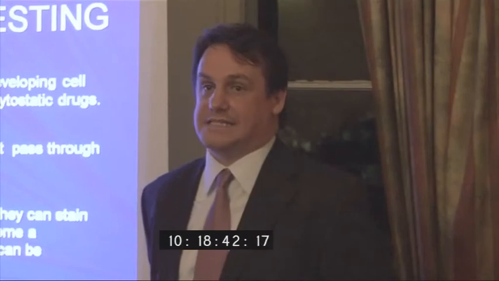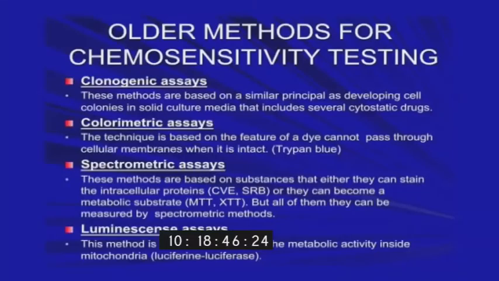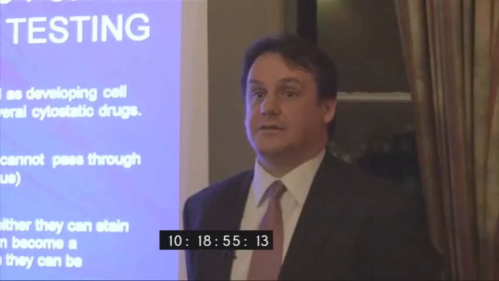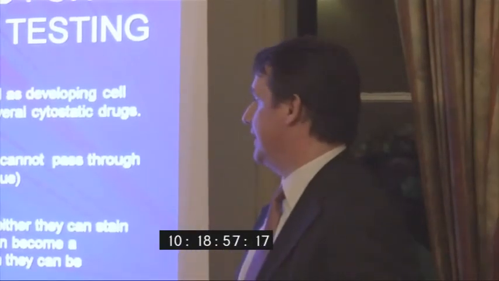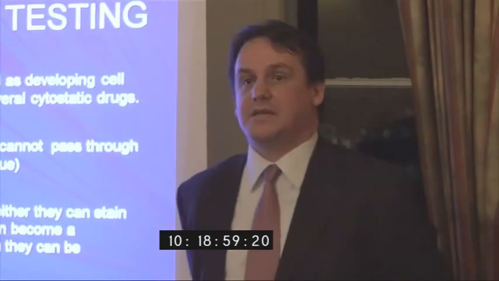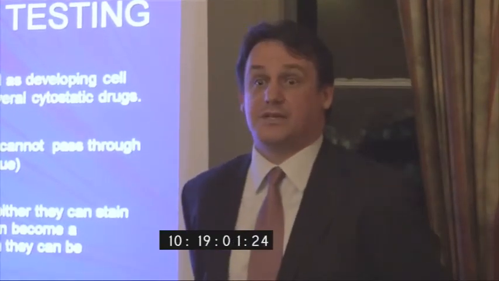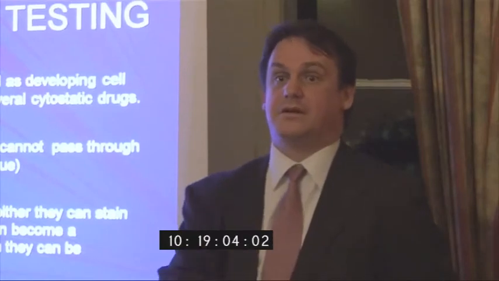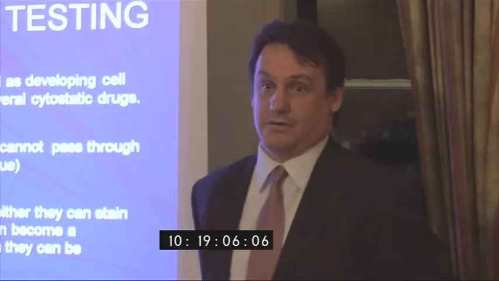So when we have a dead cell, there's no protein inside, or the protein level decreases. Or the MTT is a substrate of mitochondria, and it forms formazan crystals inside. And then you can measure the optical density in both methods, and you will see by the optical density the cell population if you have previously performed a control diagram.